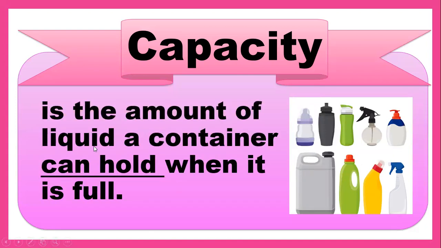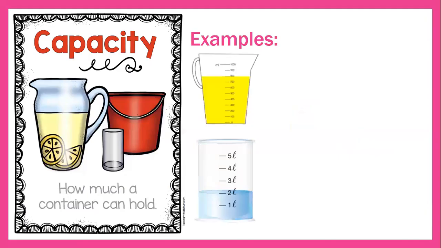Capacity is the amount of liquid a container can hold when it is full. Meaning, it tells how much liquid a container can hold. So let us have an example. Look at this jug.